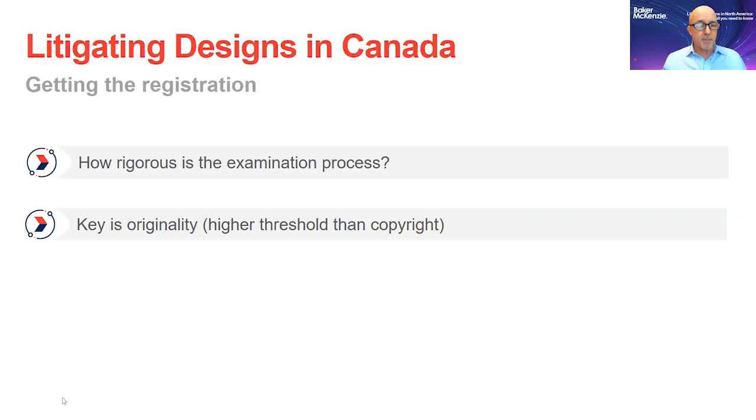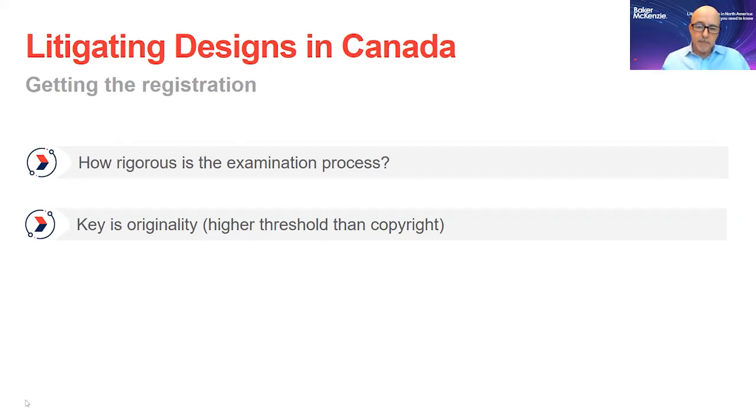To be registerable, the design must be novel, as in the US, relative to all prior designs. And that's not the same as what Vass described. There must be a meaningful, substantial difference between the new design and the prior art. That's a higher standard than in copyright litigation.